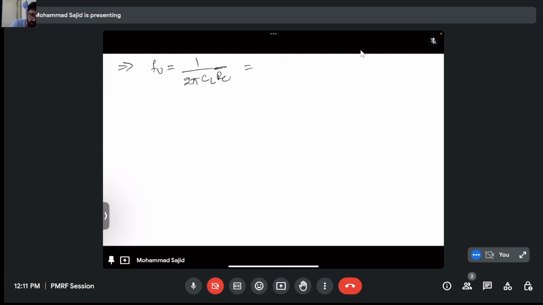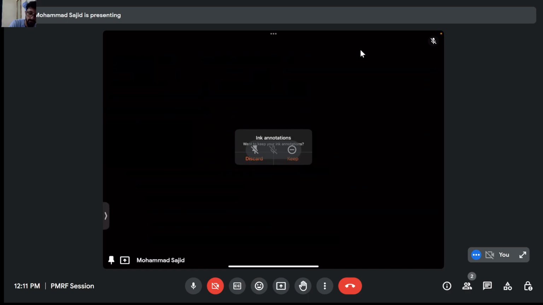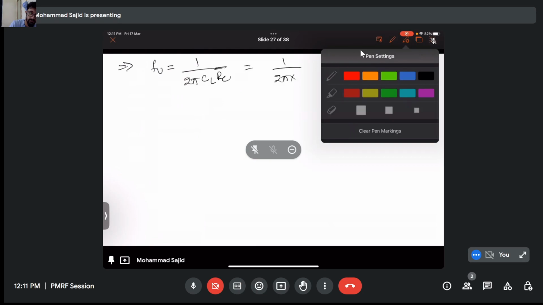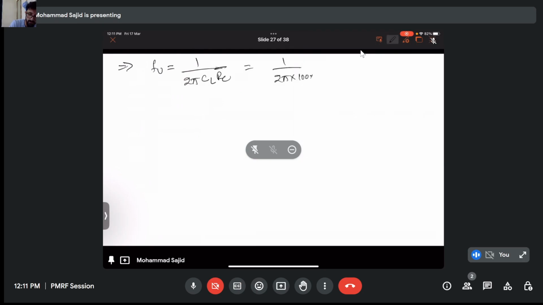So I will write it as 1 divided by 2 pi into CL, also given to us as 100 picofarad, so 100 into 10 to the power minus 12 into 4k. That will give 10 to the power minus 10 minus 3, 10 to the power minus 7, so 10 to the power 7 divided by 2 pi into 4.